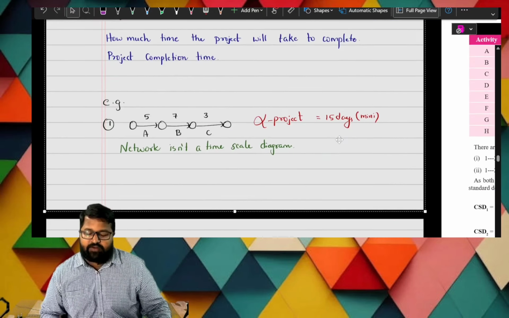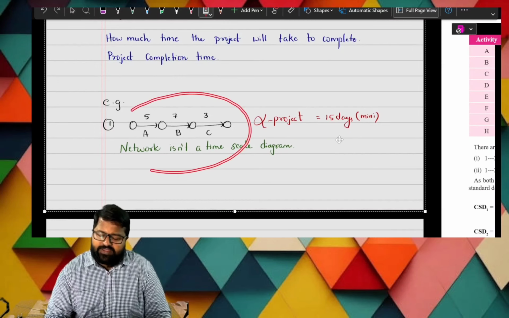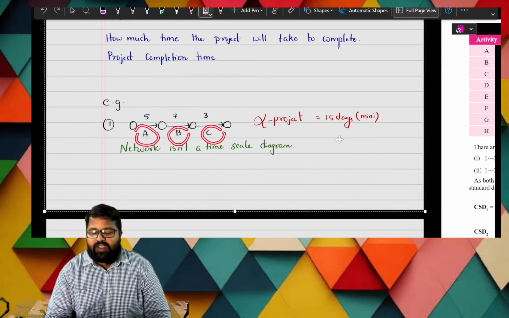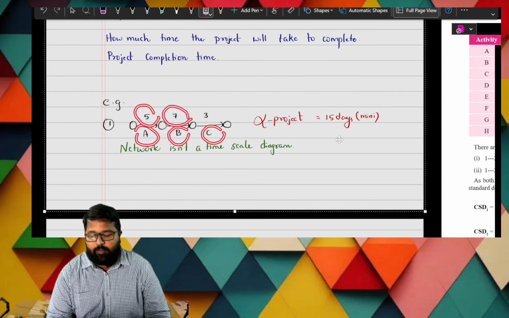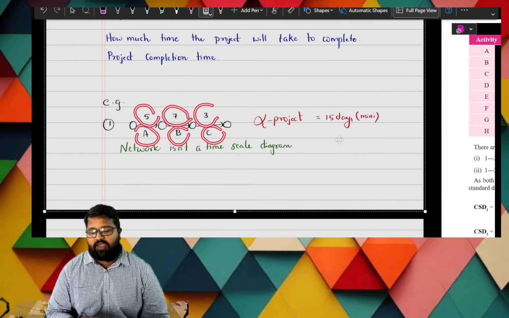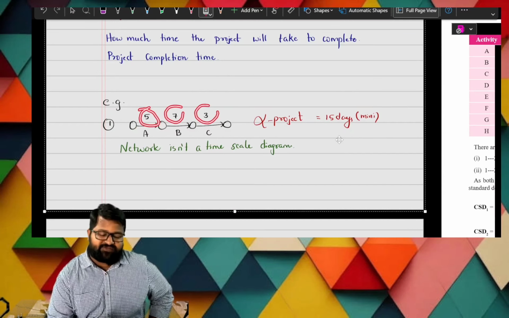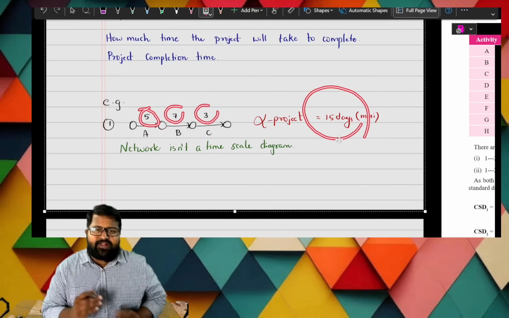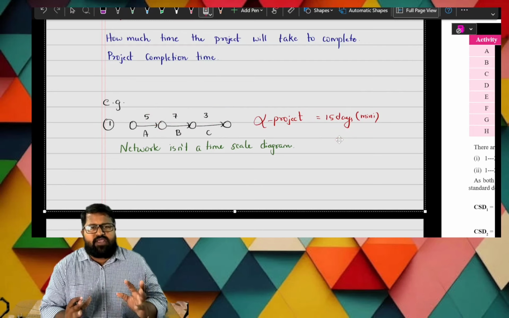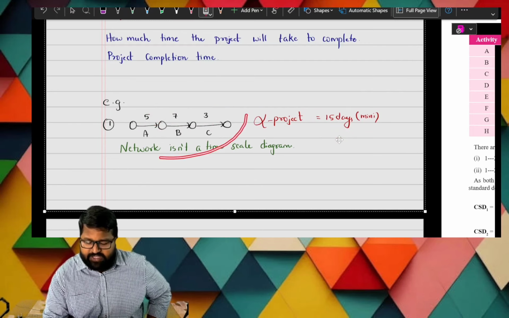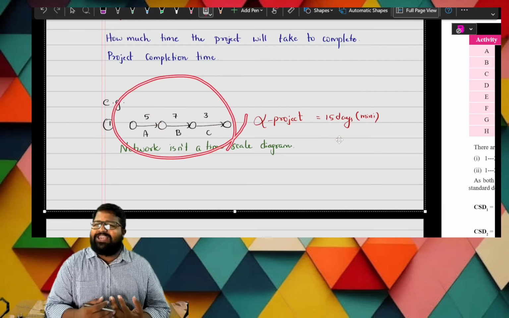Here is one scenario. A activity, B activity, C activity, and the durations are mentioned at the top. What is the total duration? 5 plus 7 plus 3, that is 15 days. If our network diagram is like this, you can calculate very easily.